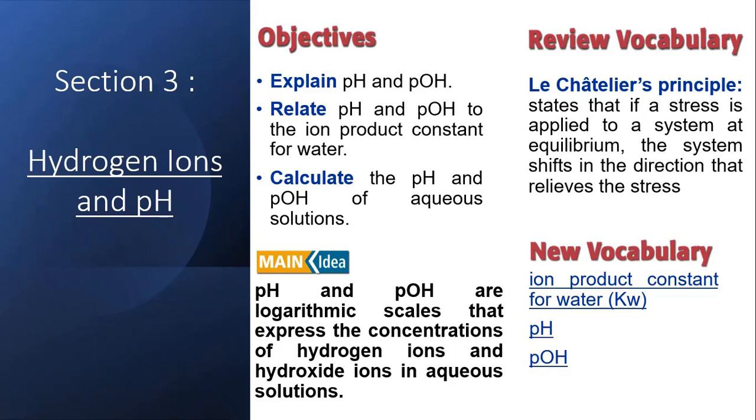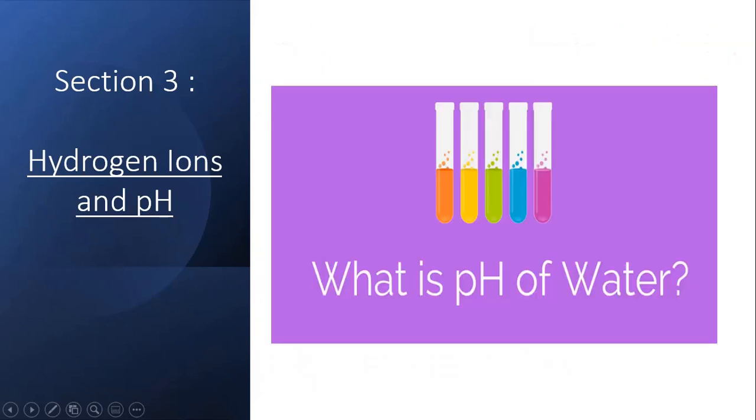Okay, what is the new vocabulary? We have Kw, the ion product constant for water, and then we have the pH and pOH concepts.